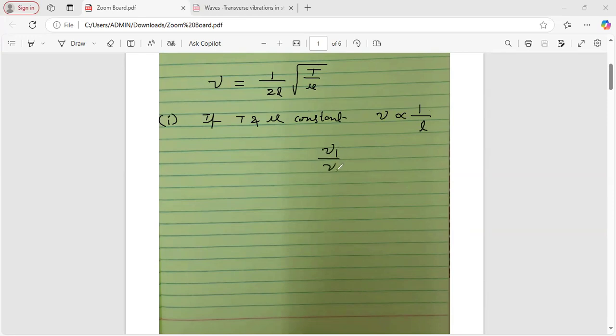From this, you can write nu 1 by nu 2 equal to L2 by L1. This is known as the law of length.